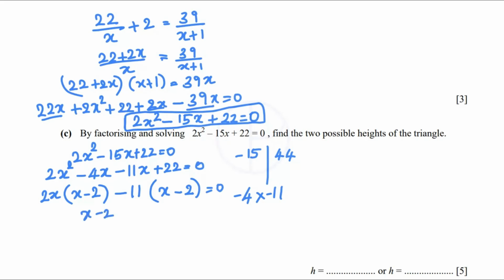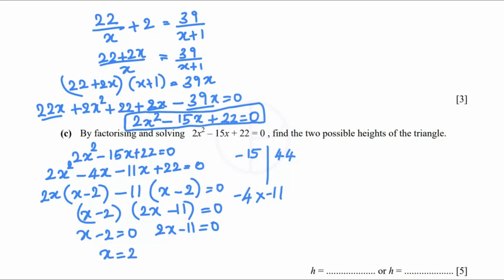So take x minus 2 commonly. We get (2x minus 11) equal to 0. So x minus 2 is 0, or 2x minus 11 is 0. So x will be 2. Here 2x will be 11. So x will be 11 over 2.